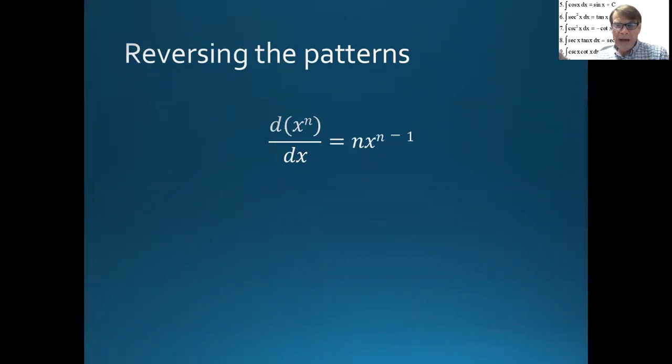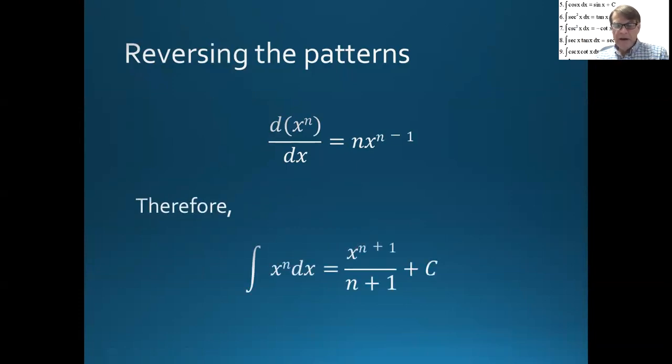So how do we work backwards from that? How do we do the integral of a power? Well, we want it such that if we multiply the power by the front and subtract 1, we'll get x to the n. It's the reversal, kind of going backwards in reverse motion.